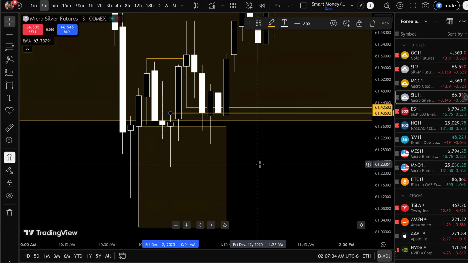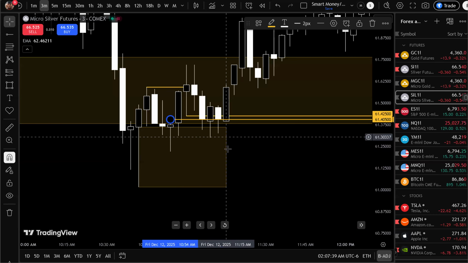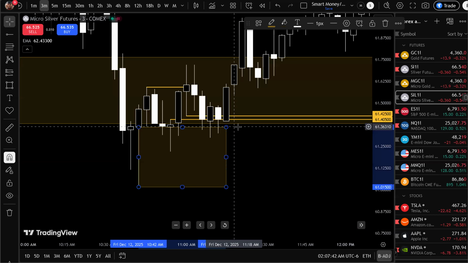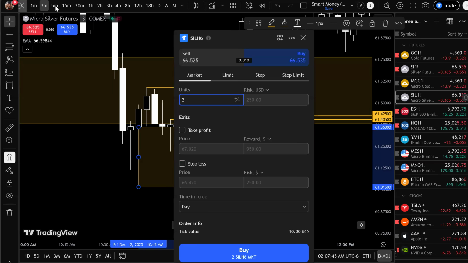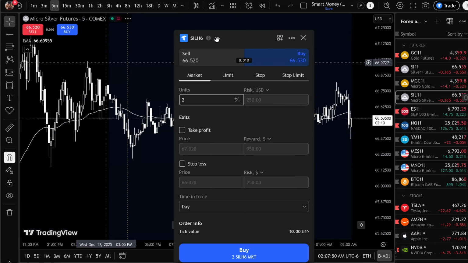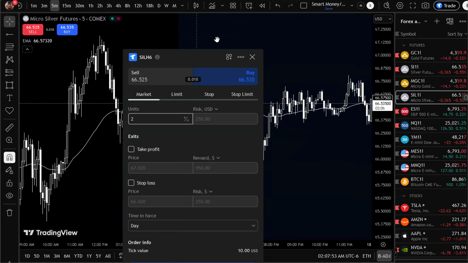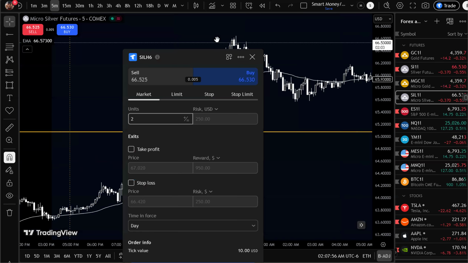Let's see how much money you would have made if you would have got in. Let's say right up there. So you're buying. Let's just see. Let's go to a higher time frame. Reset my chart.